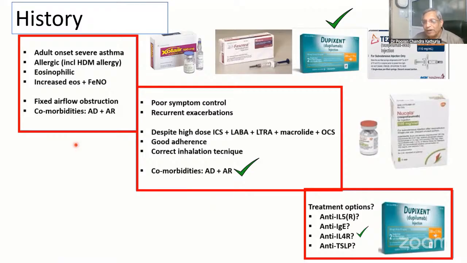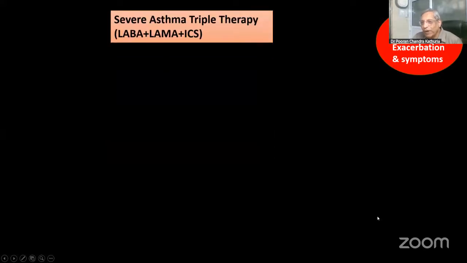We have given LABA, LAMA, ICS, all the drugs that are available. We have tried, nothing happens. But this patient has the comorbidity of AD. The drug of choice is anti-IL-4 receptor.